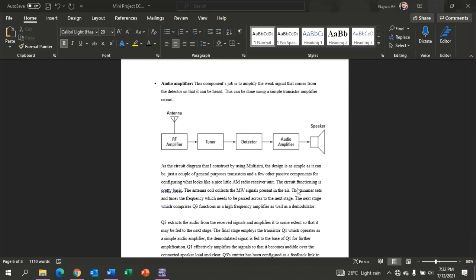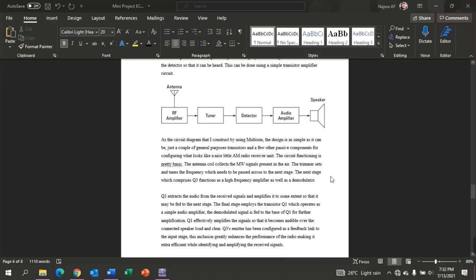The design is as simple as it can be. Just a couple of general purpose transistors and a few other basic components for configuring what looks like a nice little AM radio receiver unit. The circuit functioning is pretty basic.